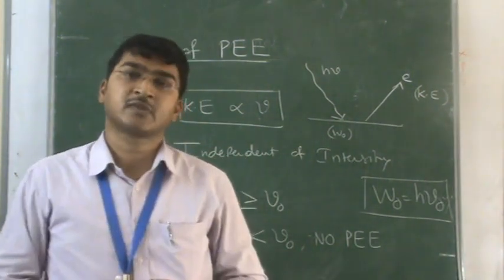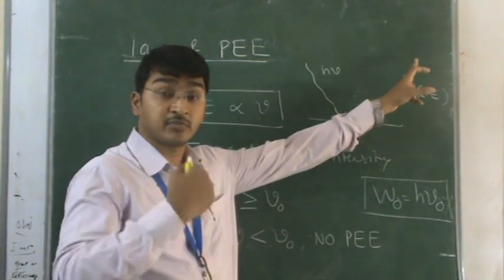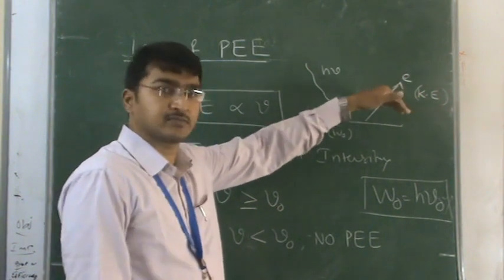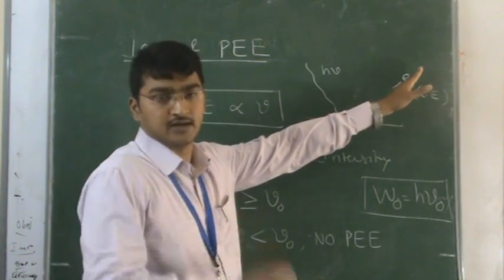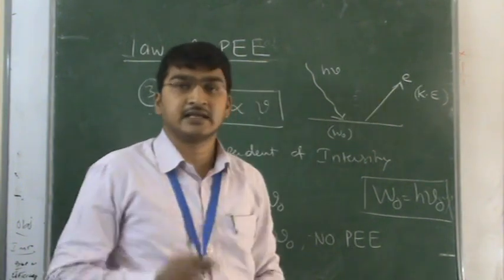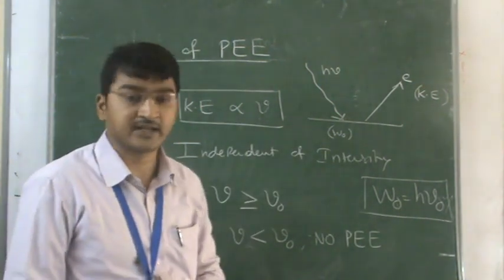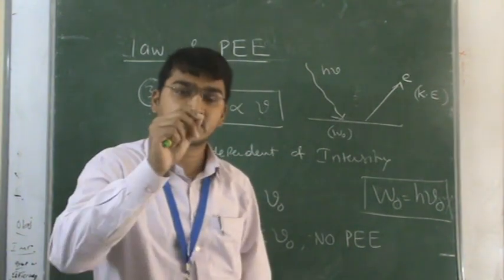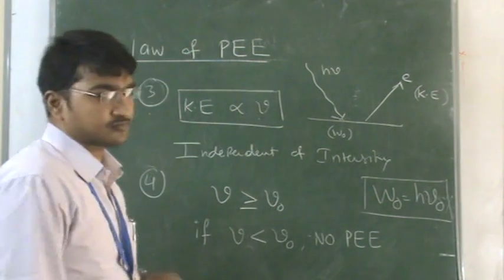The second one: the number of electrons ejecting from the metal surface every second, n by t, is nothing but the photocurrent. The photocurrent is directly proportional to the intensity of incident radiation. As intensity increases, the photocurrent also increases. That's why I gave it in short form, small i directly proportional to capital I. Please make a note of it.